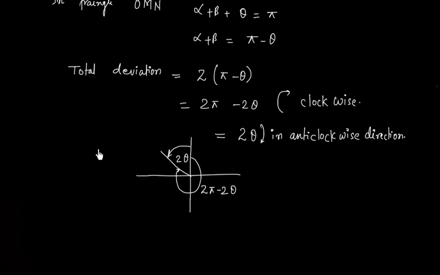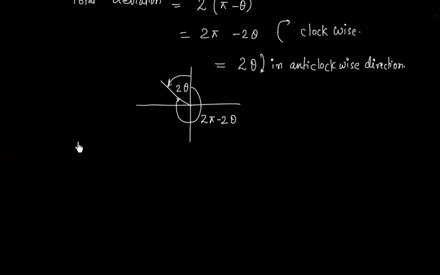So whatever the configuration of the mirrors or the incident ray position, it will always be 2 theta. So the deviation by two successive reflections is always equal to 2 theta in the anti-clockwise direction.